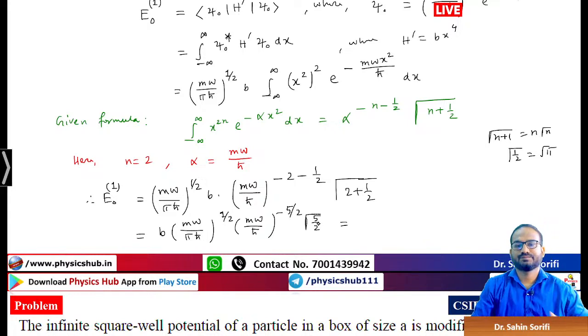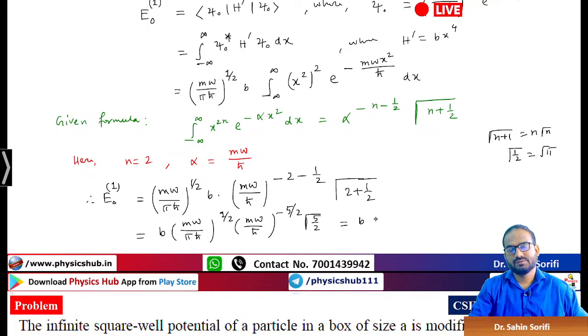Minus 2. So we can write h cut by m omega squared, and 1 upon root pi is remaining.